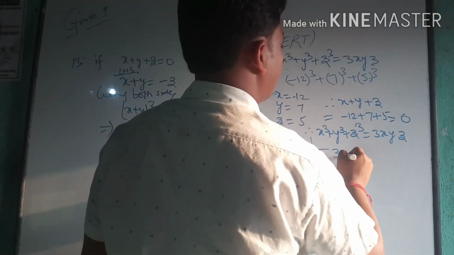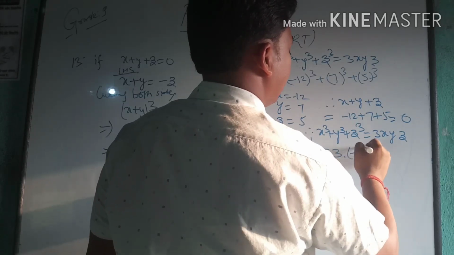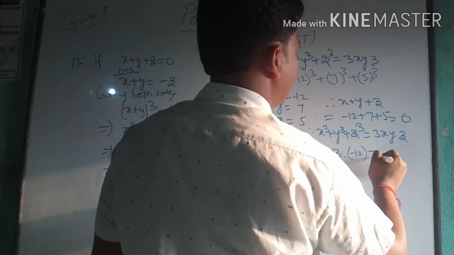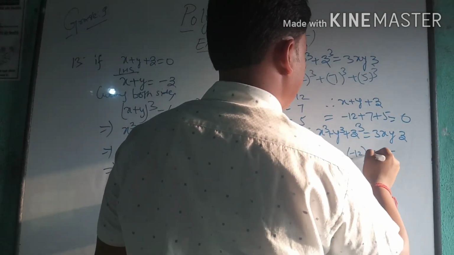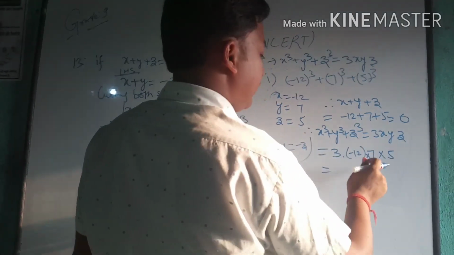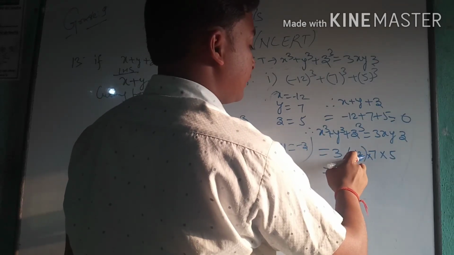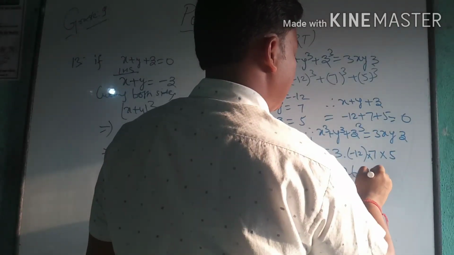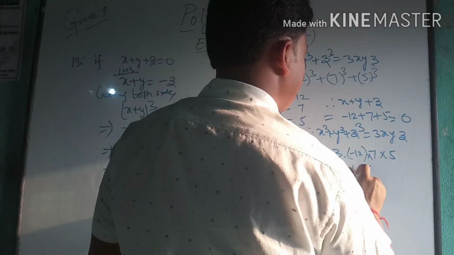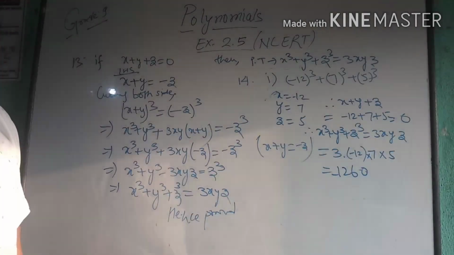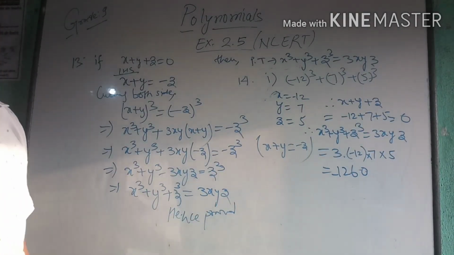So 3 into minus 12, into 7, into 5. Now 12 times 5 is 60, and 60 times 7 is 420, times 3 is equal to minus 1260. This is our answer, and part 2 is also similar to that.